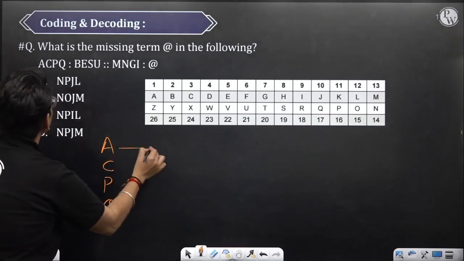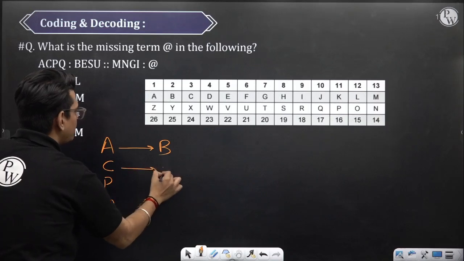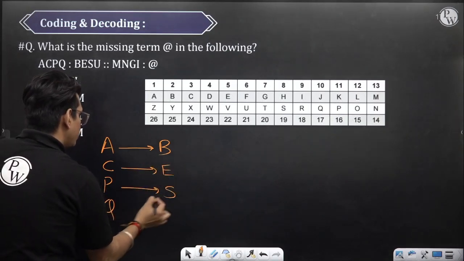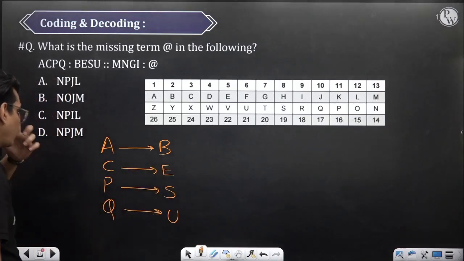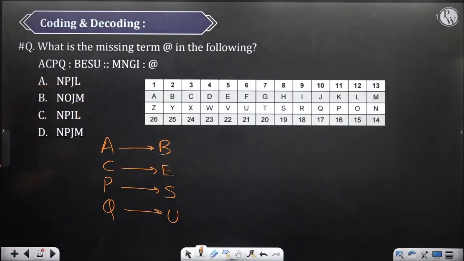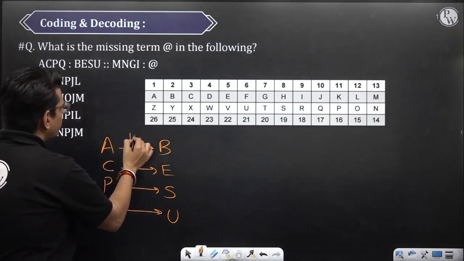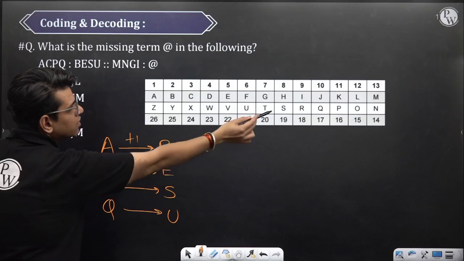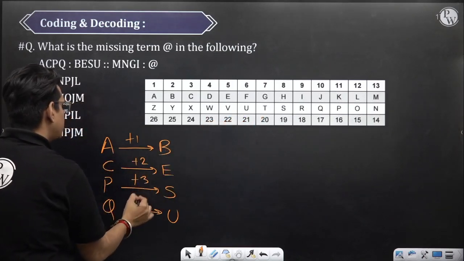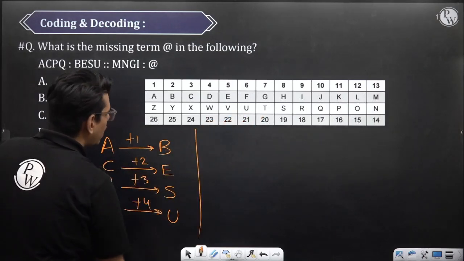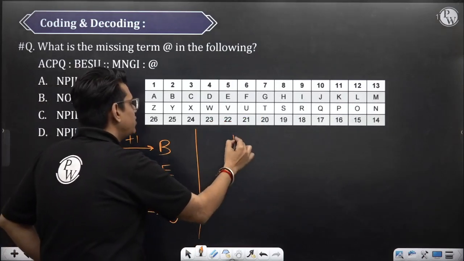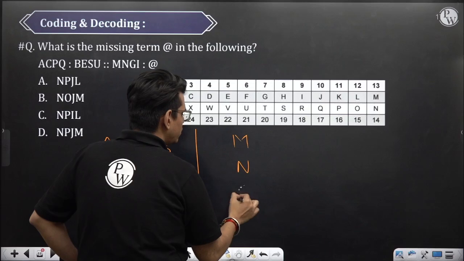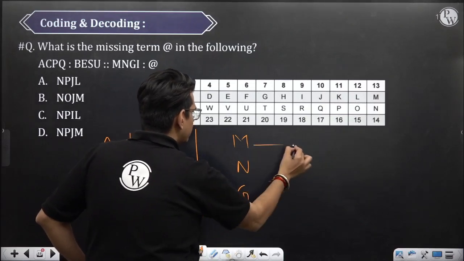ACPQ is nothing but BESU. This is the type of question which is from analogy and classification. Okay. So this is nothing but A plus 1, C plus 2, P plus 3, and this is plus 4. So now we have to find for what? M and G and I. Right. This will be plus 1.